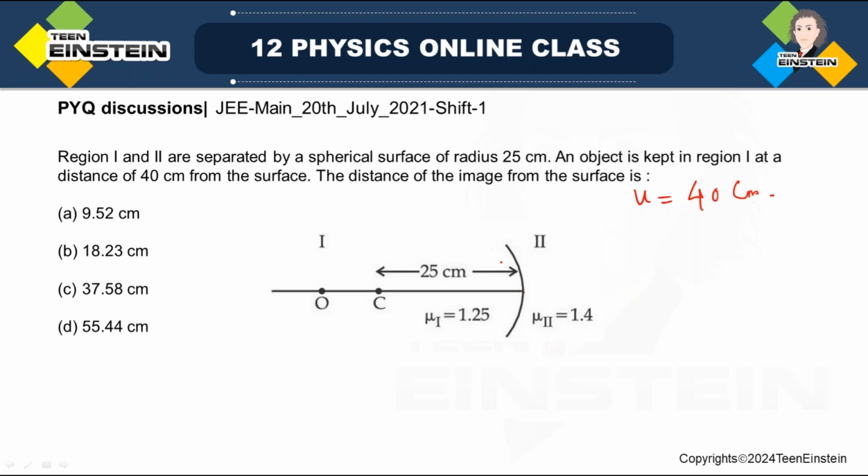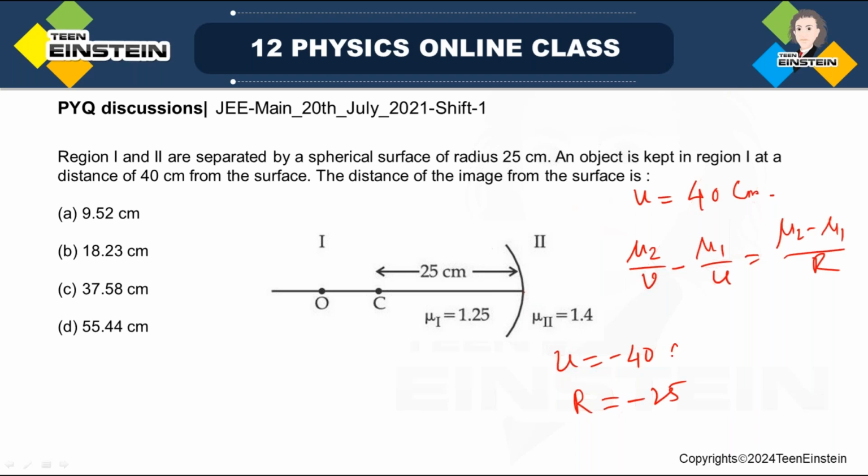The formula is mu2 by v minus mu1 by u equals mu2 minus mu1 by r. Now look here, u is actually minus 40, right? And the radius of curvature is given as minus 25 centimeters.